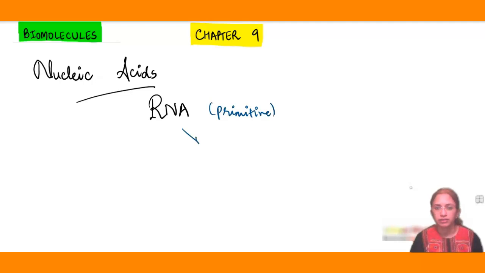But the instability factor is there with RNA, means RNA is not stable. That's why over a period of time it was replaced with DNA. DNA is more stable because in its pentose sugar, in its deoxyribose structure, it does not contain oxygen.